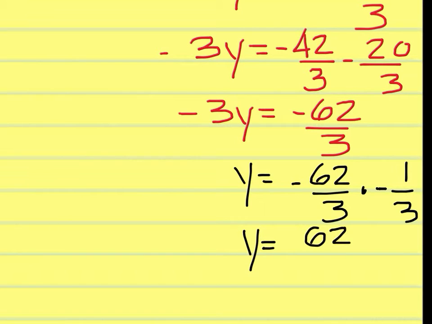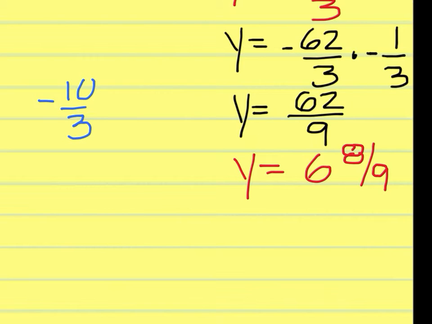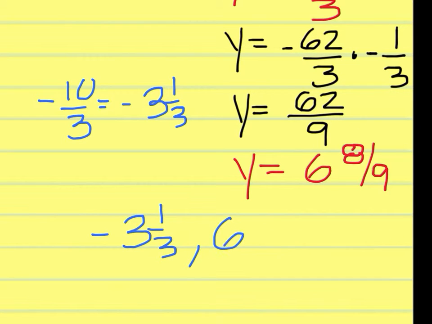Multiply straight across to get 62 over 9. 9 will go into 62 6 times, which is 54, and you'll have 8 left over. 6 and 8/9. But don't forget we put in a -10 over 3, which is the same as a -3 and a 1/3. When we put it in, we came back with 6 and 8/9.